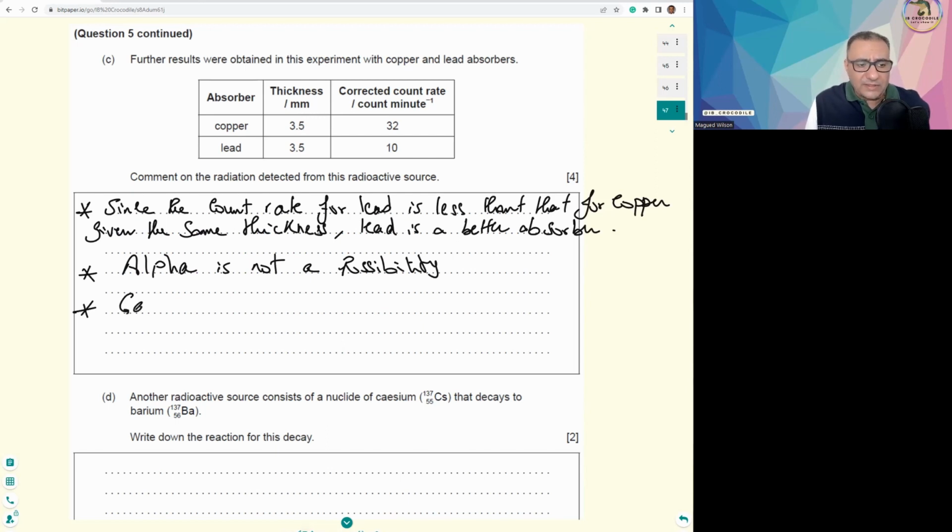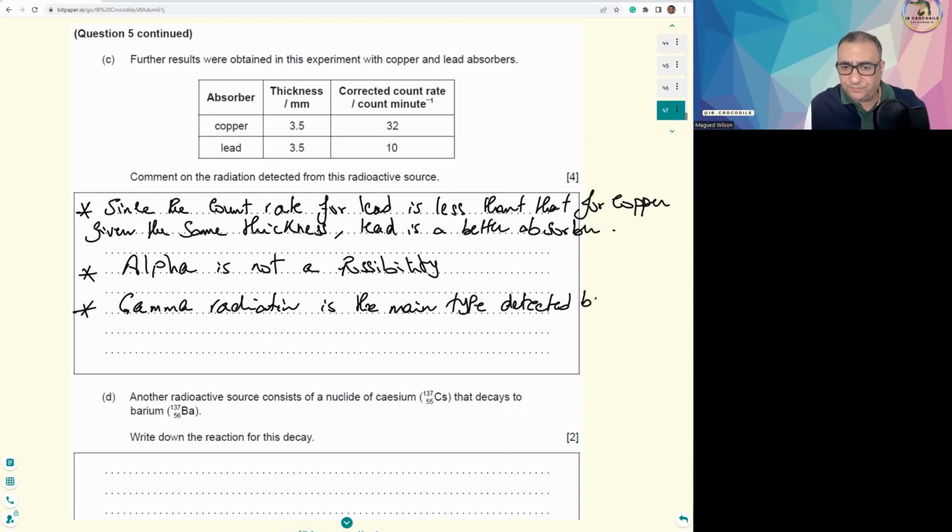So we can say, okay, maybe gamma radiation is the main type detected in this radioactive source.